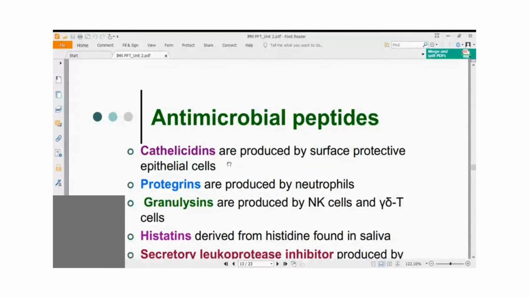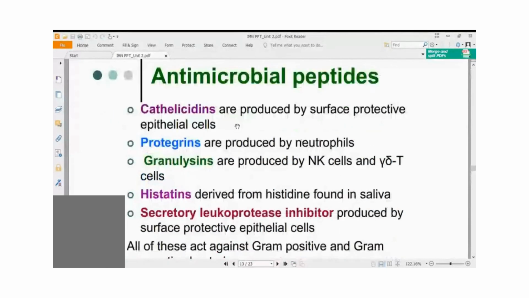Sometimes they are also called cathepsin L inhibitors, and they are strongly active against Pseudomonas aeruginosa, a gram-negative bacterium.